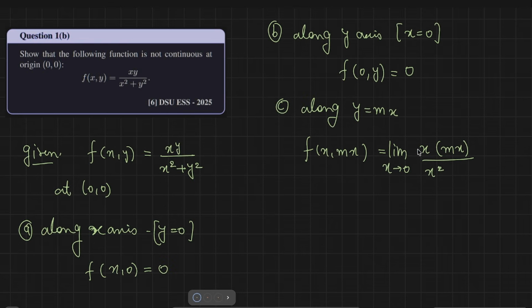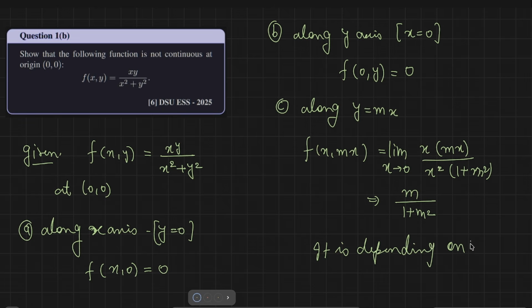So from here it is x square times 1 plus m square, and when you solve this, x square will get cancelled and you will get m upon 1 plus m square. The same question is repeating, like there was 2x upon, and here it is xy by x square plus y square. So now it is all depending on the value of m.